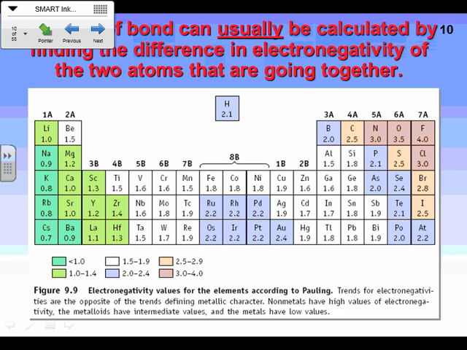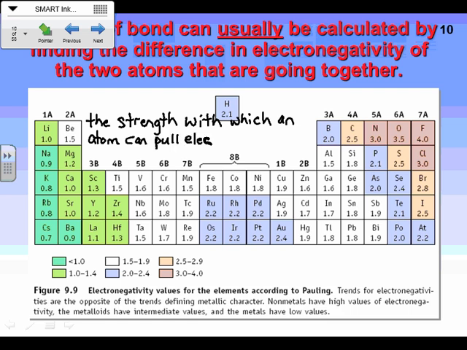So this you probably would want to write in your notes somewhere. Electronegativity is basically the strength with which an atom can pull electrons to itself.